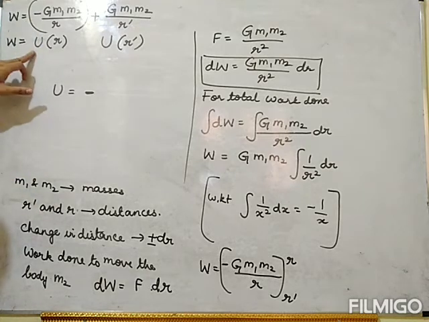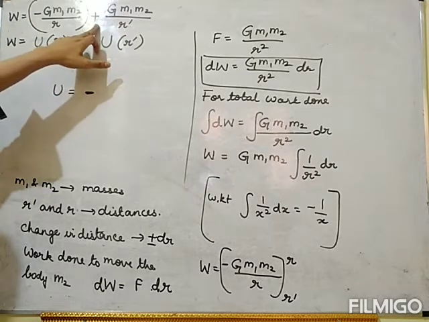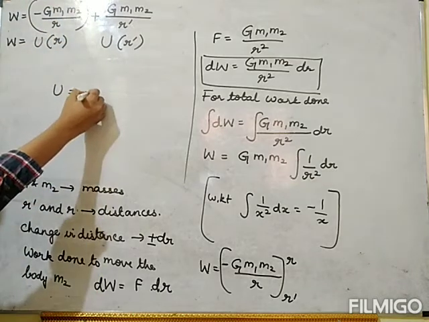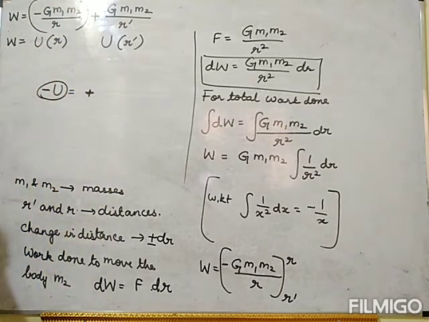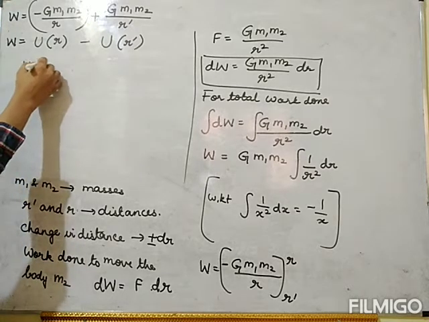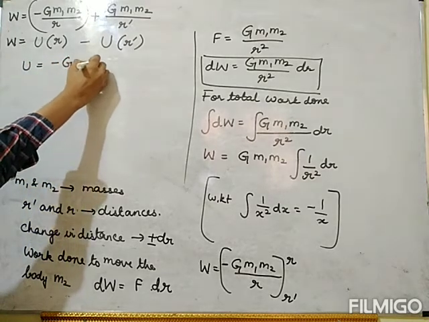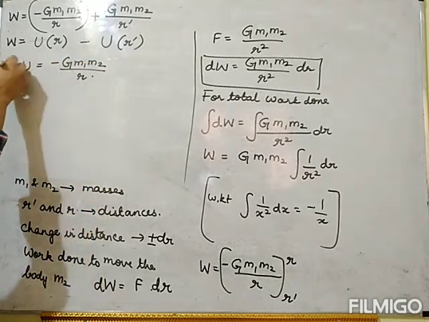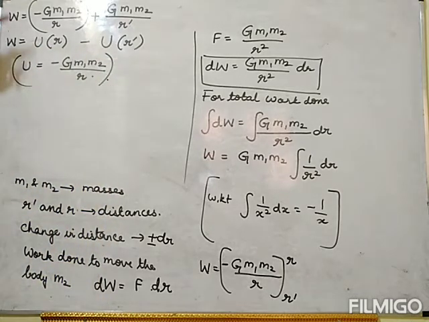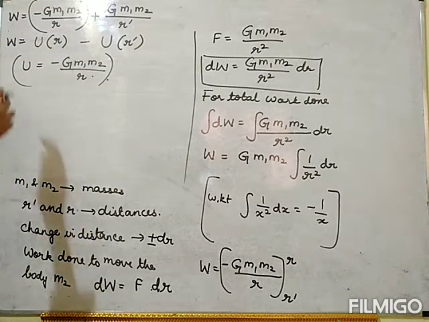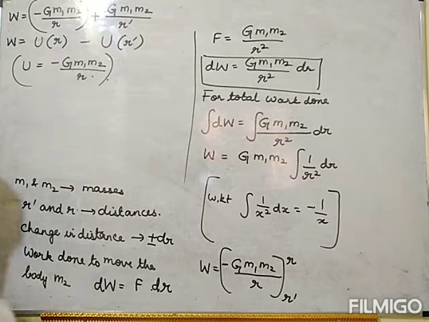Here it is negative, but here it is positive, so in the potential energy term we should put a minus sign. So W is equal to U(r) minus U(r dash), where U is equal to minus G m1 m2 by r. This is the formula for U. This energy is called the gravitational potential energy.